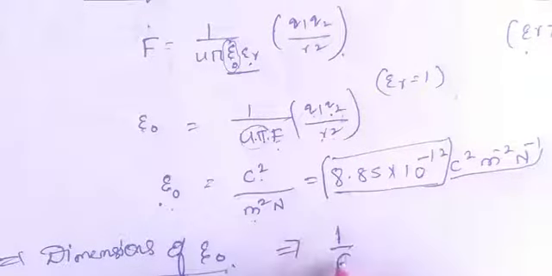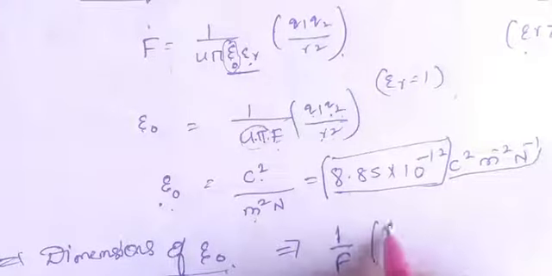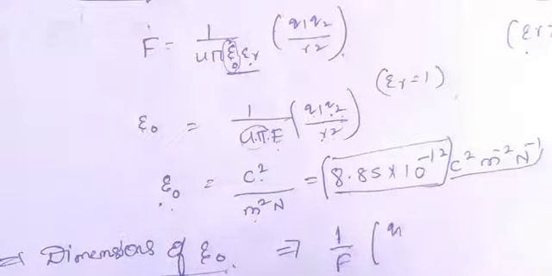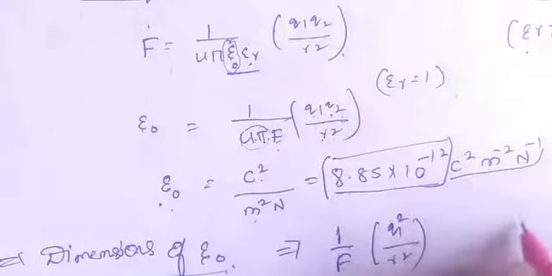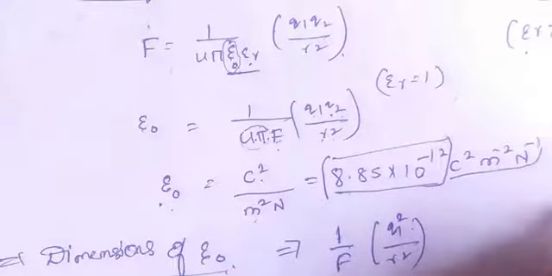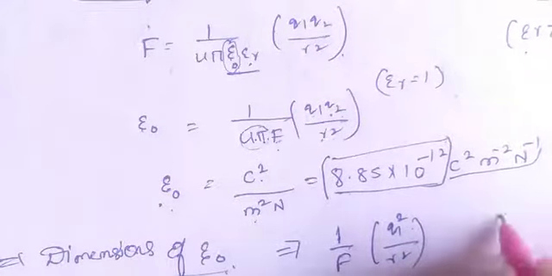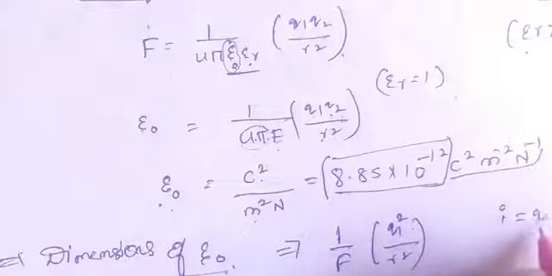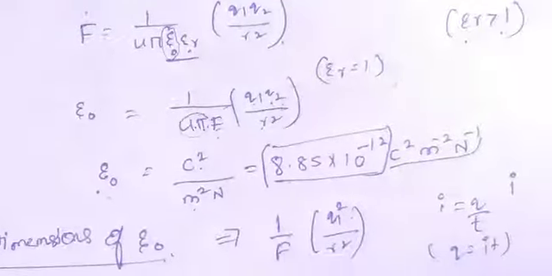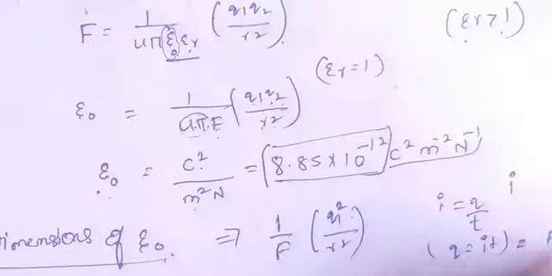So 1 by F means force, and q1 q2 by r square. If q1 is equal to q2, then let us consider q square by r square. q square means Coulomb square. We already know that I is equal to q by t, so q is equal to I t, that means ampere into t.